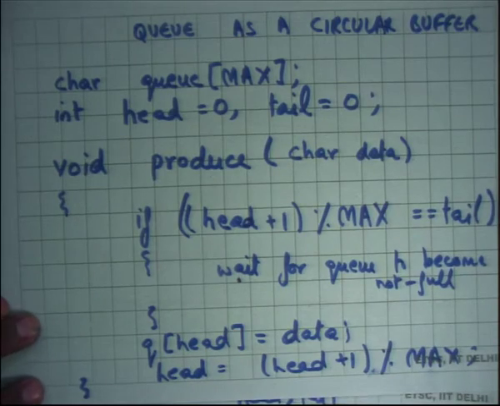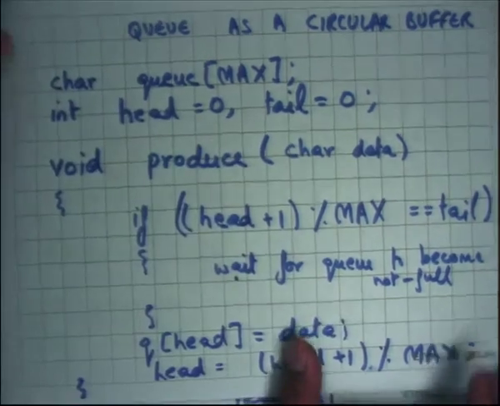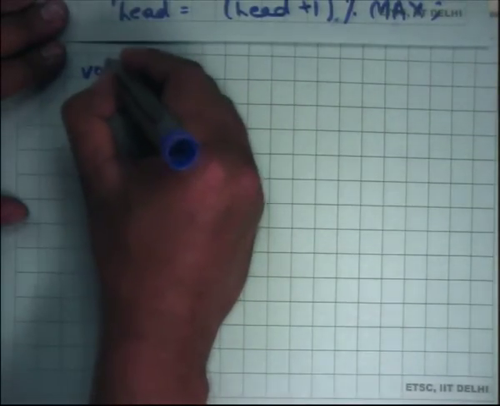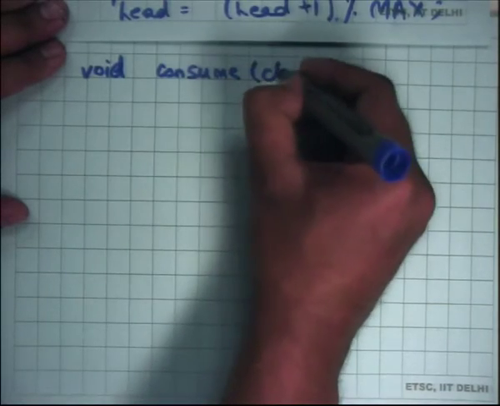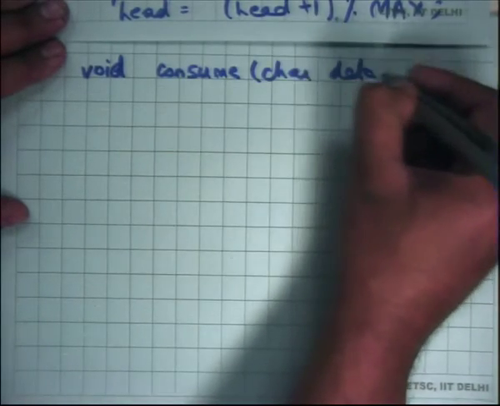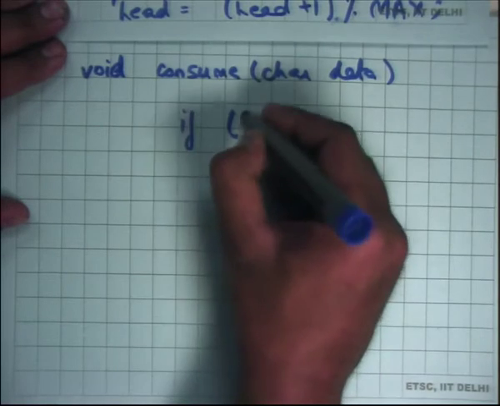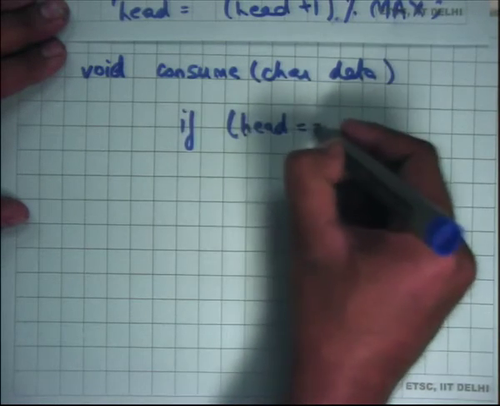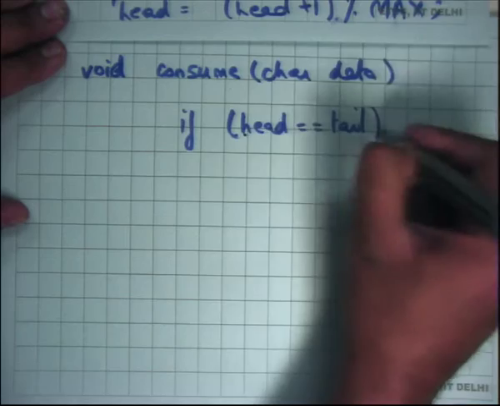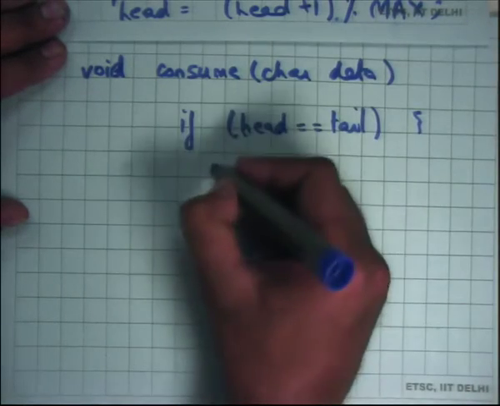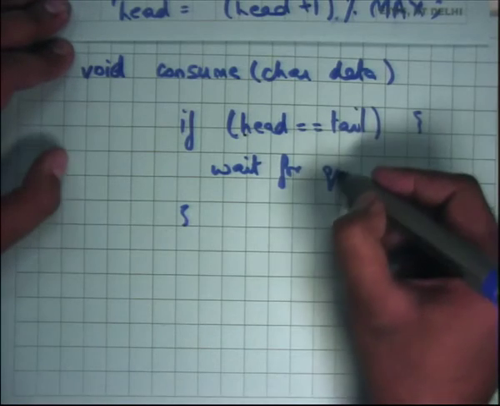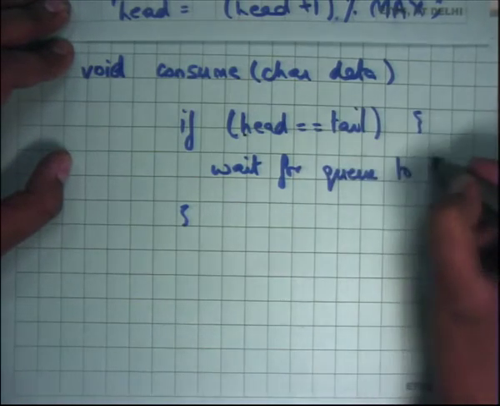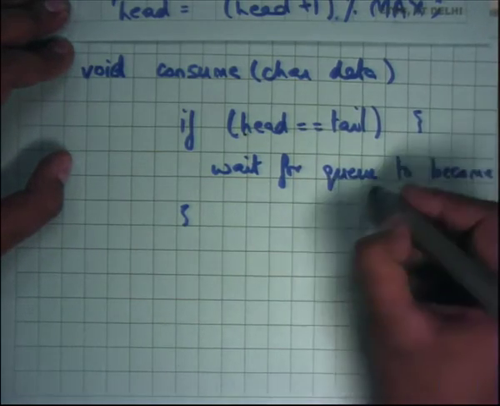Similarly, in consume, I could have a similar thing here. If head is equal to tail, then wait for the queue to become non-empty.